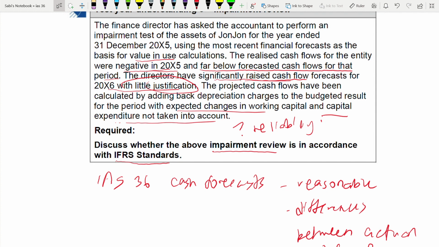Maybe you might have to incur some expenses to keep that asset in its current condition. Those cash inflows or outflows need to be included in the cash flow projection, right? So any day-to-day expenses to keep that asset in the current condition need to be there. But here they have excluded capital expenditure. They have not taken it, right?